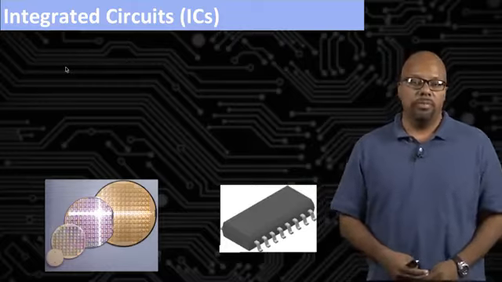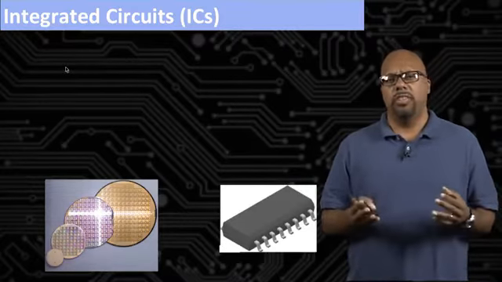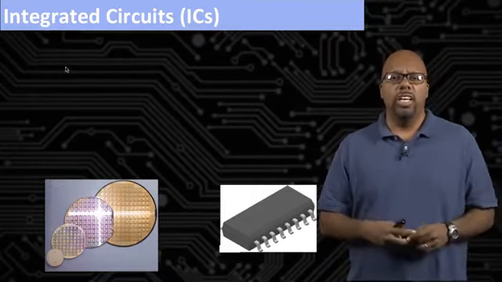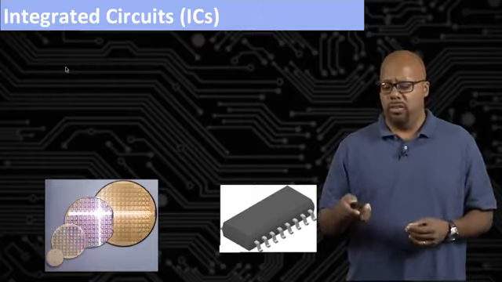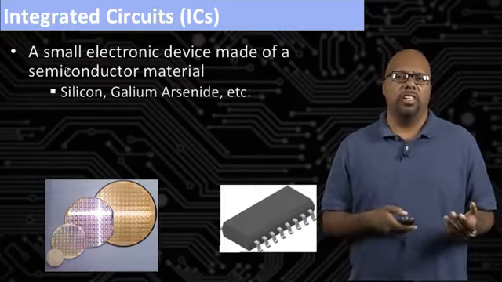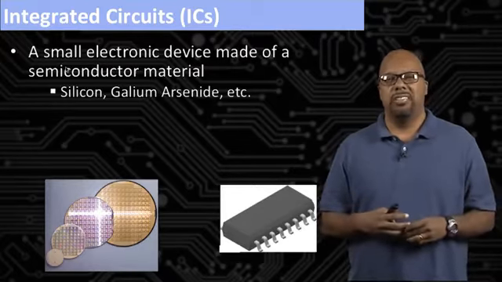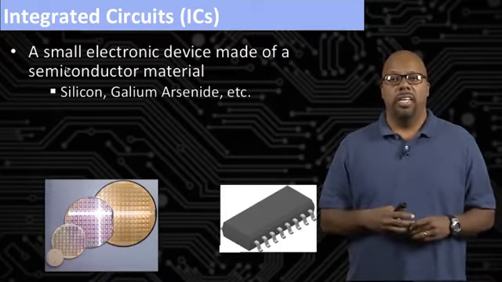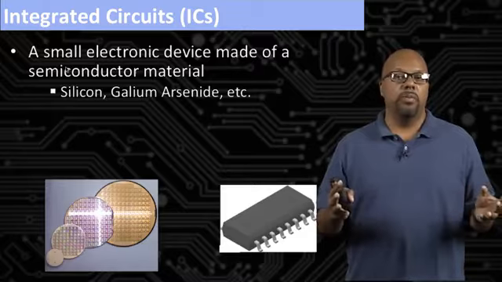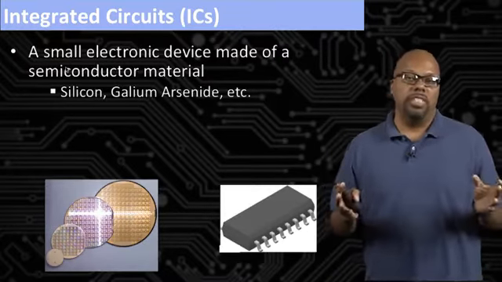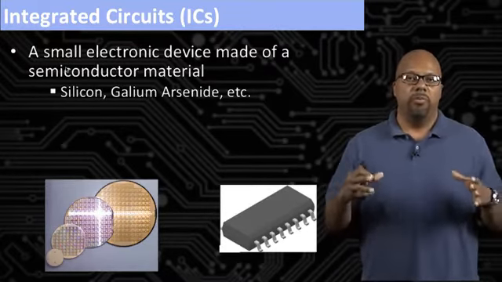So integrated circuits, and we've talked about these, microcontrollers are integrated circuits. Integrated circuits are chips. Now, they're typically made of, say, silicon base, but they can be made of other materials, primarily silicon right now. And we're not going to talk about the fabrication technology, except to say that they're basically made on these big wafers.